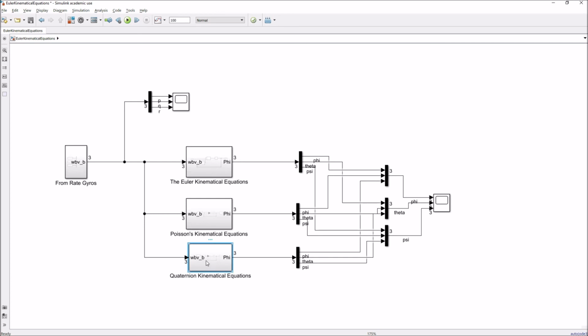However, we saw that it's also the most complicated. There are a lot of transforms between Euler angles and Quaternions and back and forth, and that might have some ramifications. Also, later on down the road, when we want to trim these vehicles or come up with simplified models, it might be easier to use the Euler kinematical equations, even though we know that there are potential issues at odd orientations.